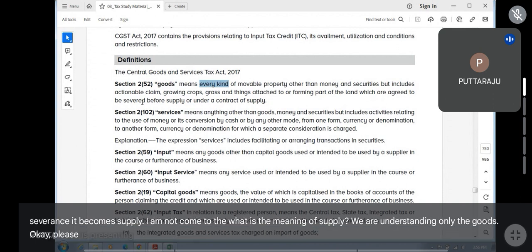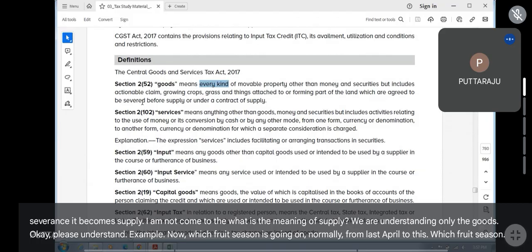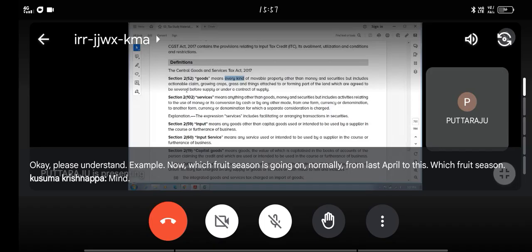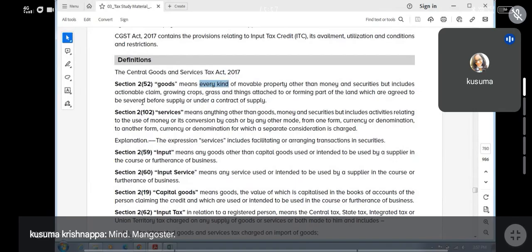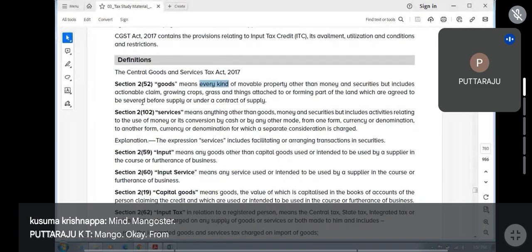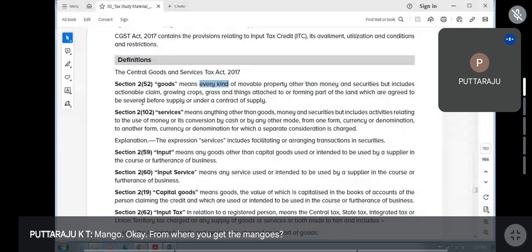Okay, please understand. Example: now, which fruit season is going on? Normally, from last April to this, which fruit season? Mangoes, sir. Okay. From where do you get the mangoes? From the tree. Right.